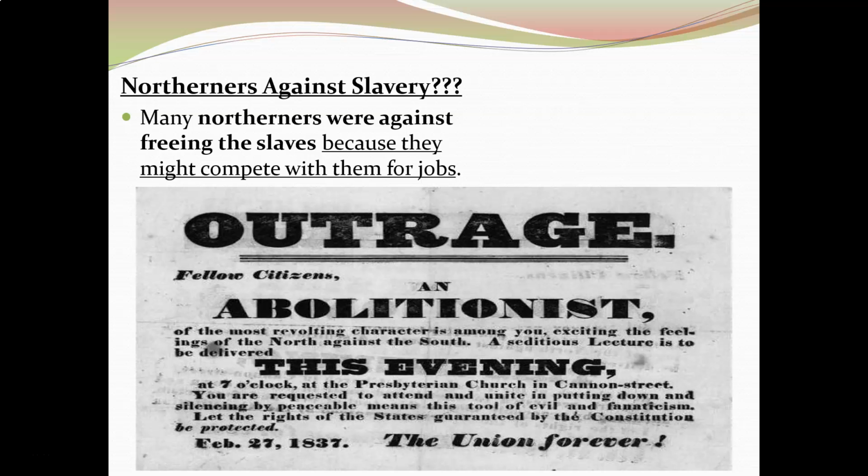Now, these Northerners were against slavery continuing, but it's also important to note that there were Northerners who did support slavery, and for selfish reasons. They supported slavery because they might compete against them for jobs if the slaves are freed. You have groups of slaves, guys, that if they're free, they're going to have jobs.